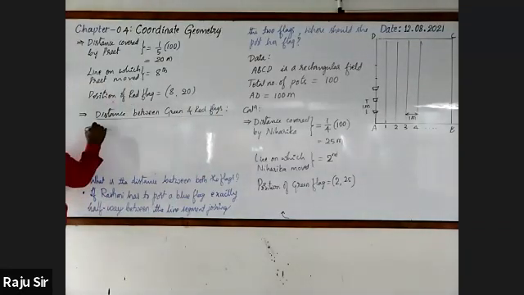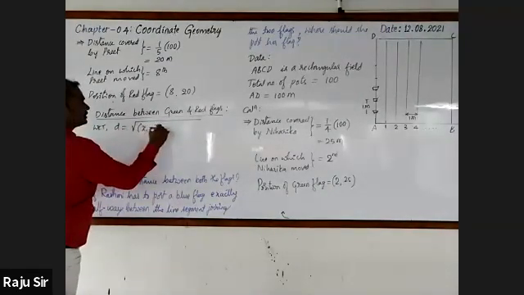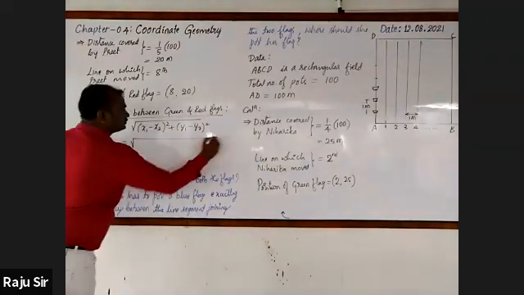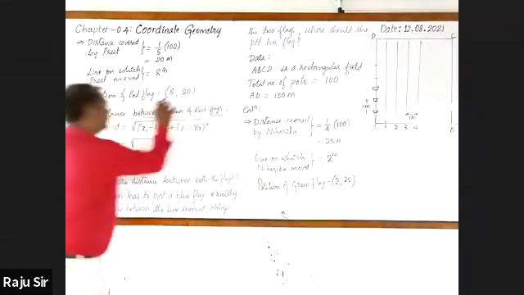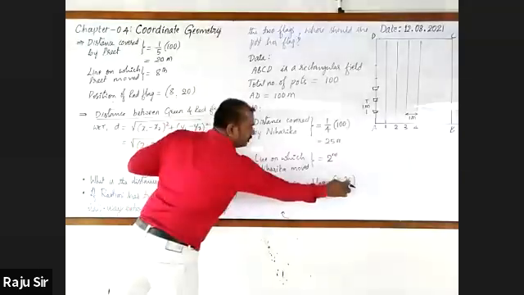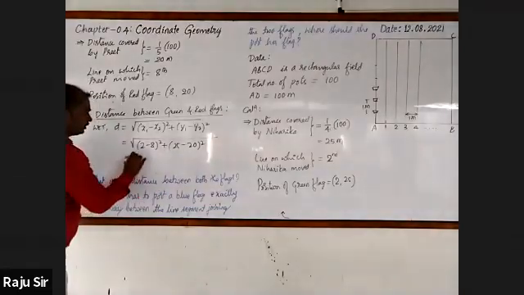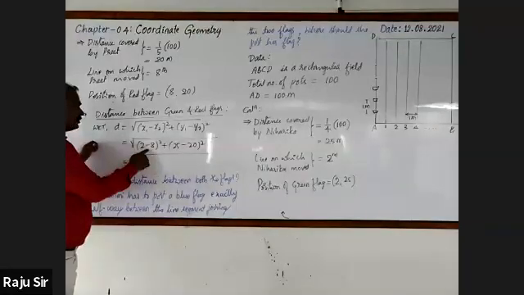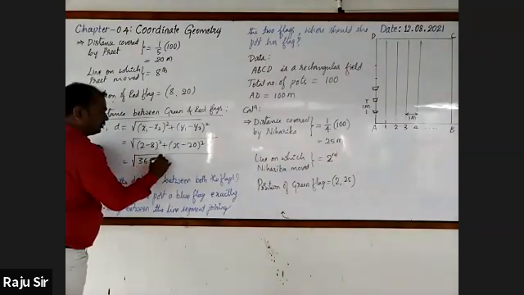Without fail, you have to write the distance formula. We know that d is equal to square root of (x1 minus x2) whole square plus (y1 minus y2) whole square. Okay, x1 x2: 2 minus 8 whole square plus y1 minus y2: 25 minus 20 whole square, which is equal to square root of (2 minus 8 is minus 6) whole square, 36, plus (25 minus 20 is 5) square, 25.